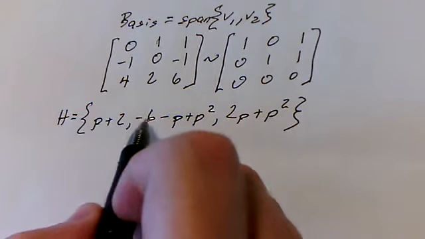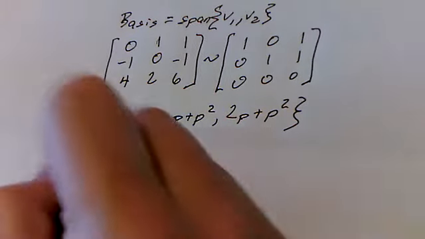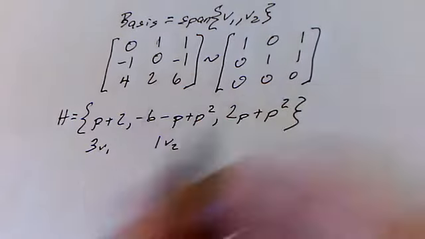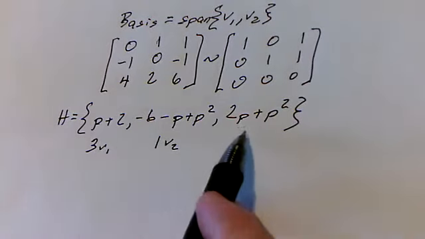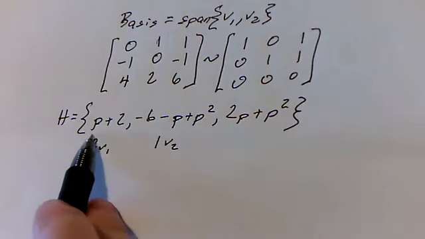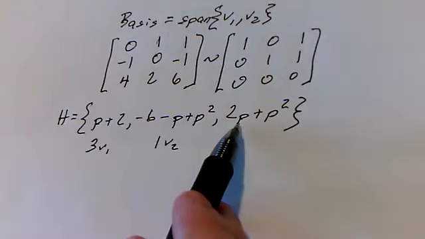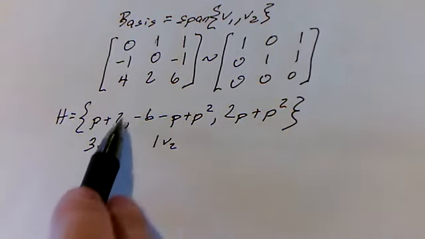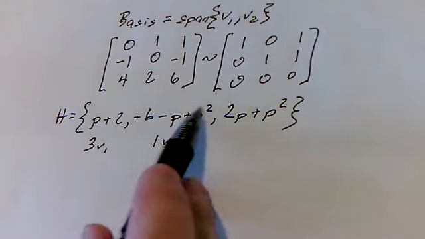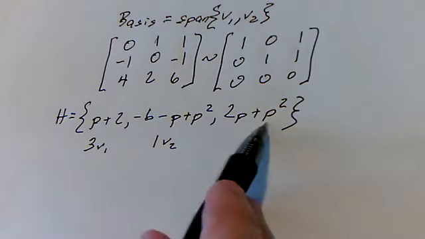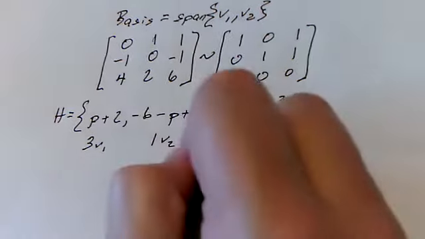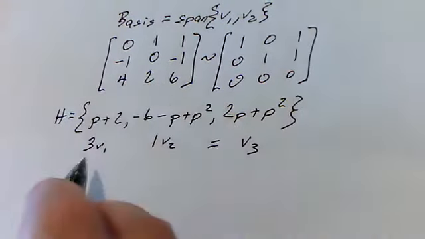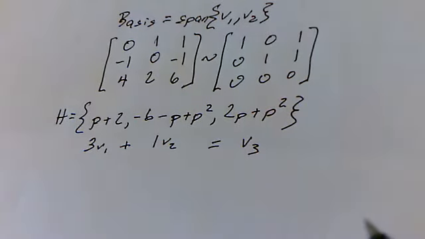So I have 2 and -6. So the only real possibility is going to be if I have 3 copies of this one and 1 copy of this one. Because that's going to give me 6 minus 6 gets me 0. So 3 copies here gets me 3p. Doesn't match up yet, but minus p. So 3p minus p is 2p. I have no p squareds here. I have 1 p squared here, so I get 2p plus p squared. So this is the dependence relationship. I took 3 copies of V1 and added it to V2 and got V3.